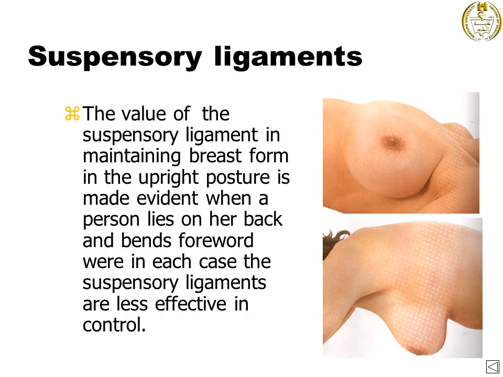This is evident when a person lies on her back or bends forward, where in each case the suspensory ligaments are less effective in the control.